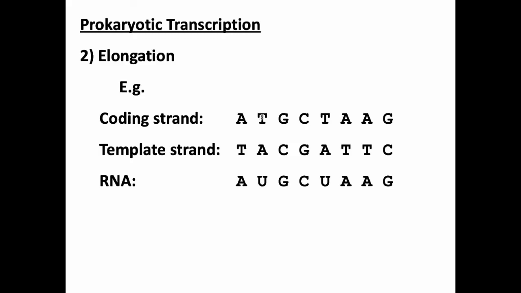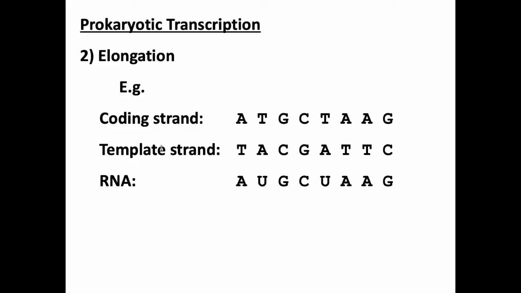U, T, well, okay, they're not exactly the same. Remember, DNA uses thymine and RNA uses uracil instead, but they are equivalent, they are the same. G, C, U, T, again, that thing again, A, G. It's the same sequence. The T's and U's are different, but other than that, the coding strand is the same as the RNA strand.